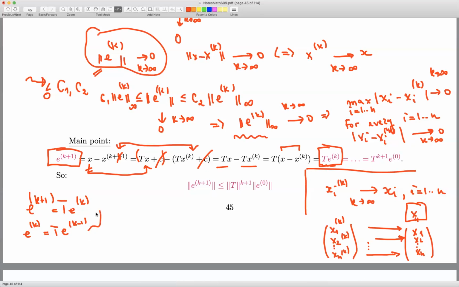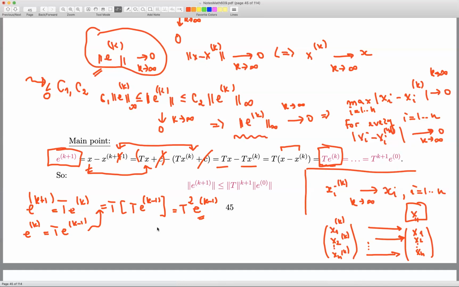If we apply it up here, then it will be T applied to T applied to e_{k-1}, which gives us T squared applied to e_{k-1}, the error of the iterative procedure at step k minus 1.